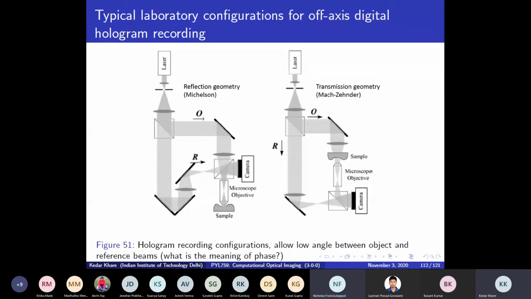Yeah, so with the reflection geometry, what you are getting is more like the profile of this surface. Whereas in transmission geometry, the phase actually means the optical path difference through the object or the sample at different locations.